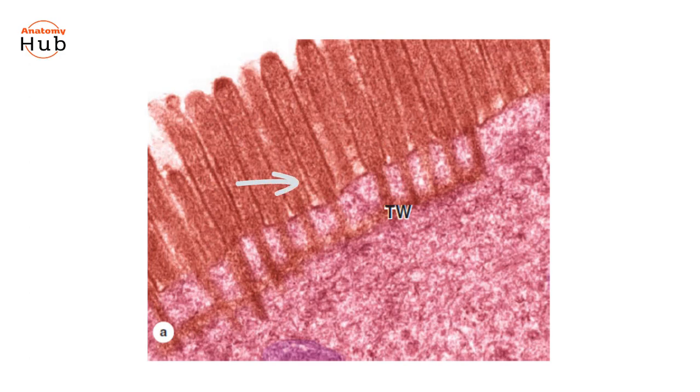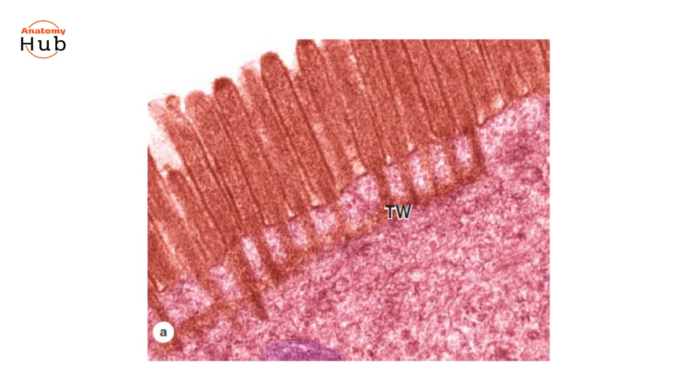Regions of cuboidal or columnar cells that adjoin neighboring cells comprise the lateral surfaces. Cell membranes here often have numerous folds which increase the area and functional capacity of that particular surface.